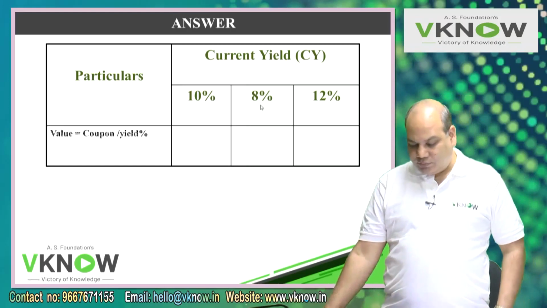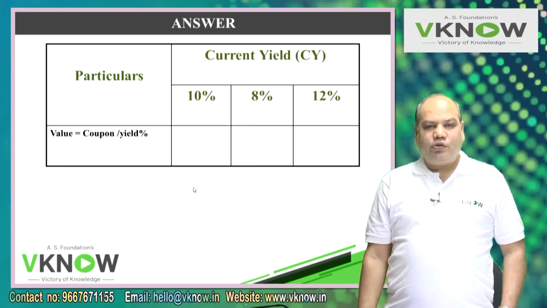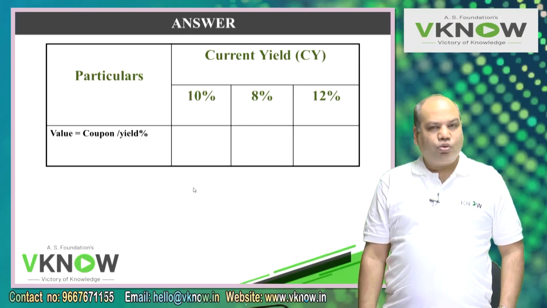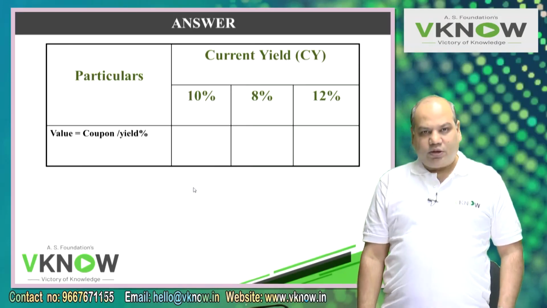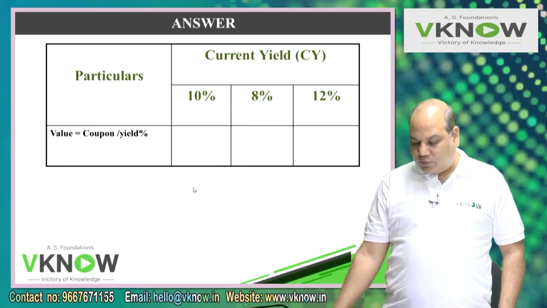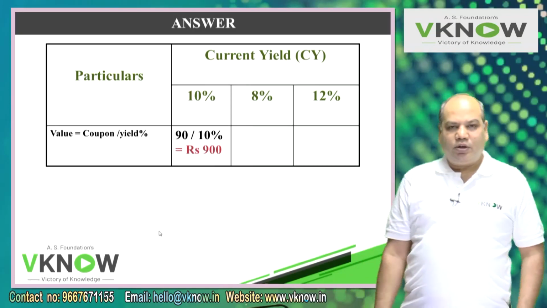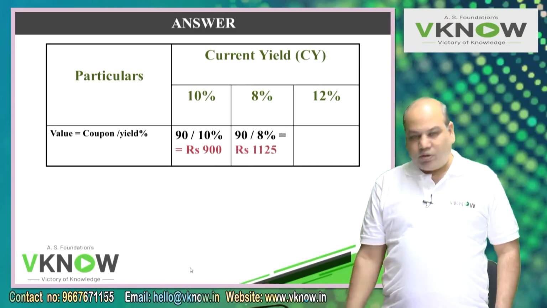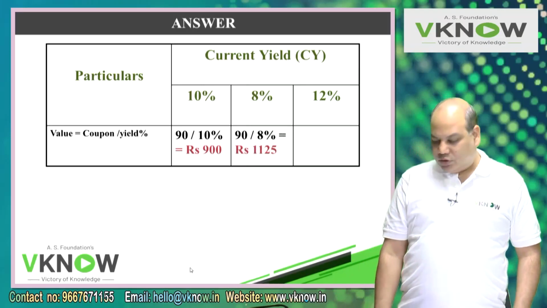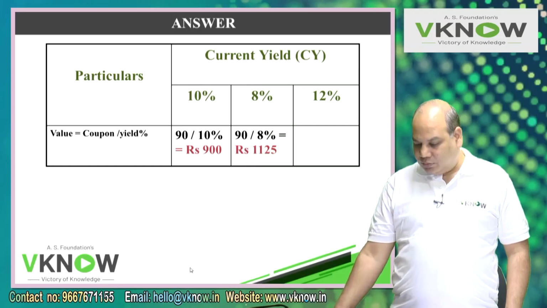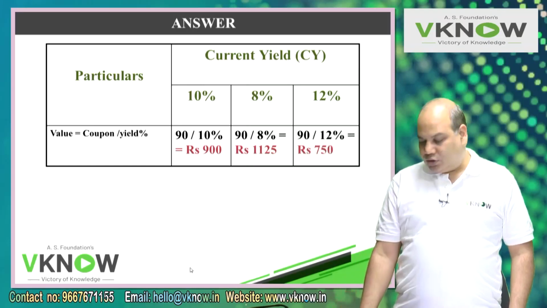Just a one-line answer. Present value is equal to coupon upon yield percentage. Solve: 90 upon 10% equals rupees 900. 90 upon 8% is equal to rupees 1125. 90 upon 12% is equal to rupees 750.